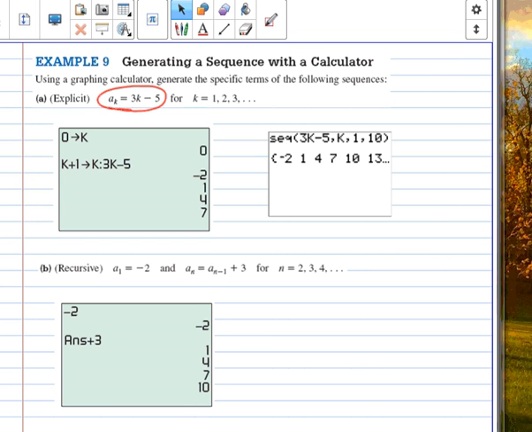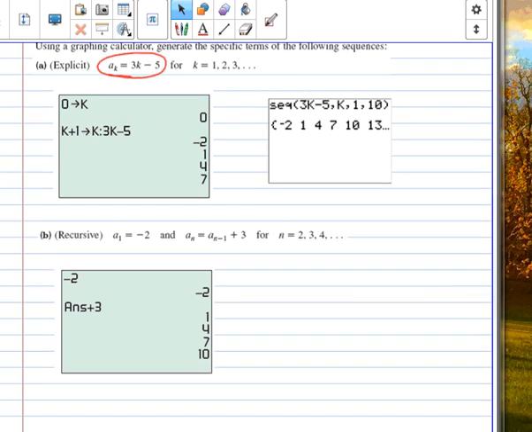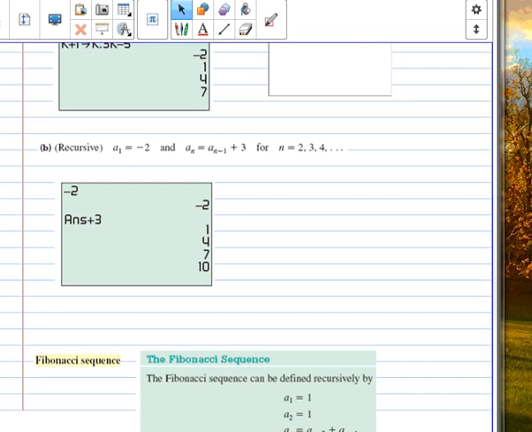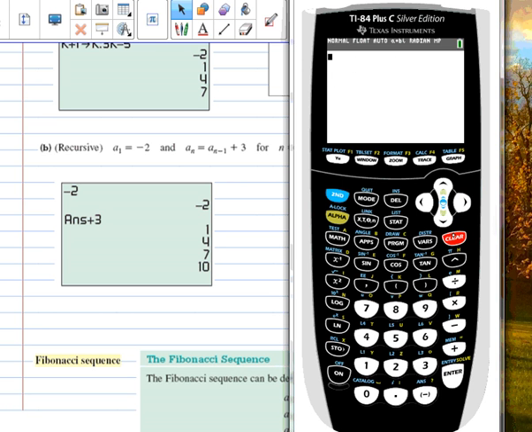The book shows you another way where you use your storage and write a little program. You can play with that if you want to. The sequence generates it recursively, and calculators are set up to do recursive things already. Clear out your screen.